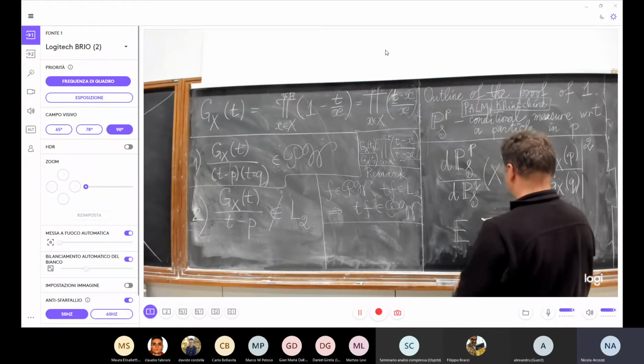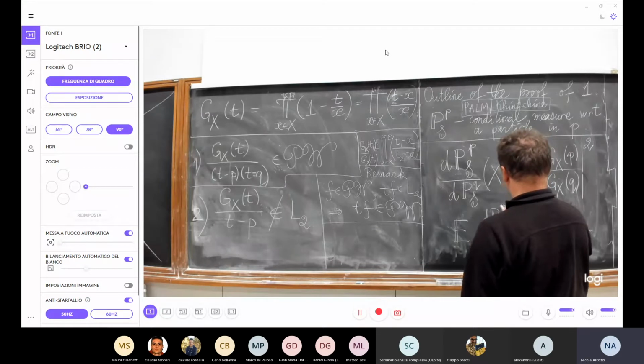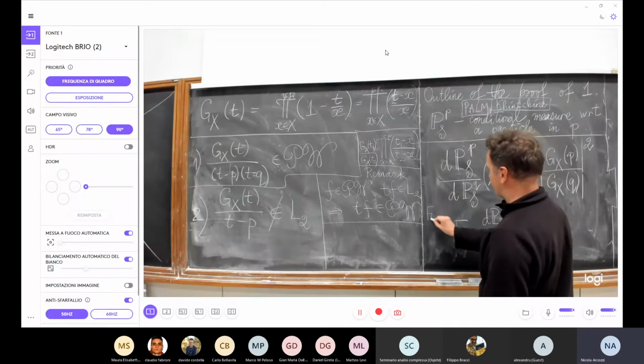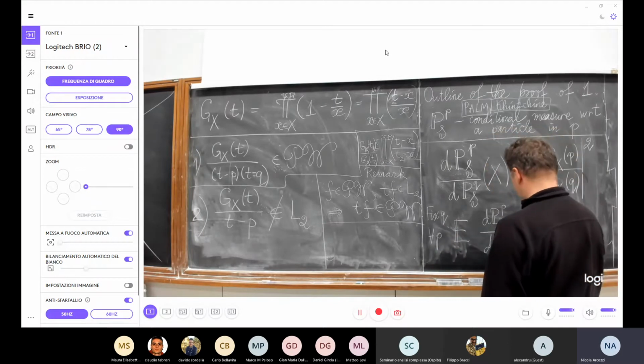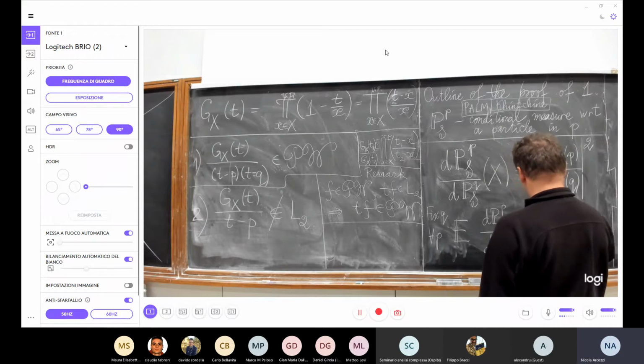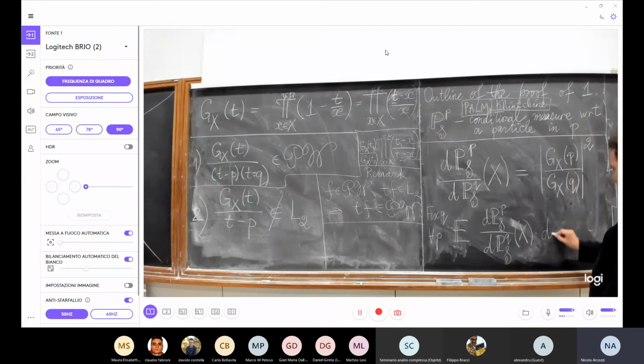So we fix q, and for A, the expectation with respect to the Palm measure with respect to the measure q is of course equal to 1 because it is a Radon-Nikodym derivative, in fact.